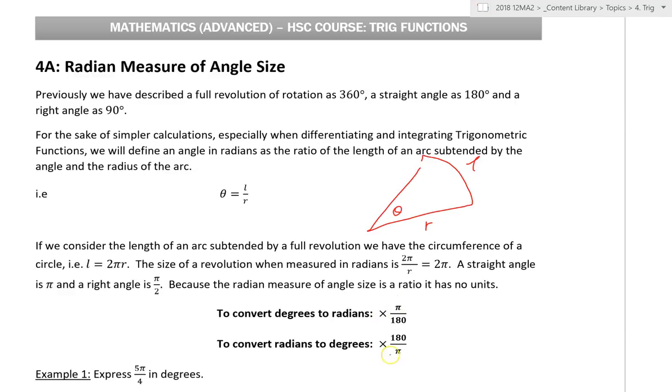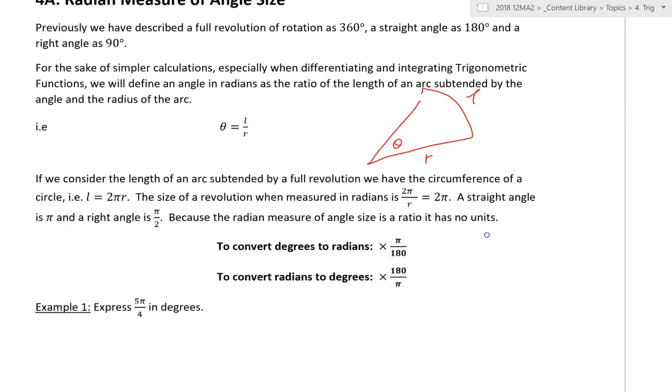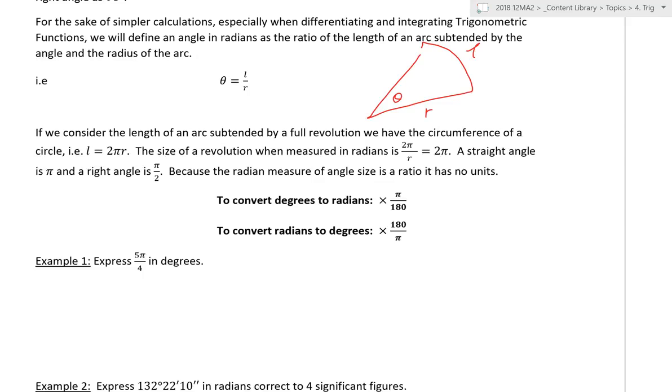We can pretty quickly come up with some conversions from degrees to radians and radians to degrees. We'll try to stick with exact terms where we can. So 5 pi over 4, I want to express it in degrees. I multiply by 180 over pi.